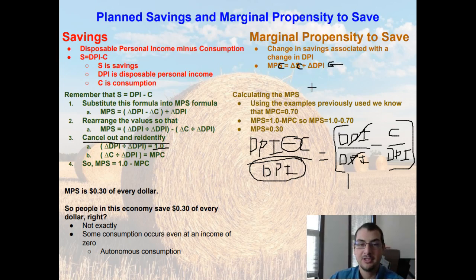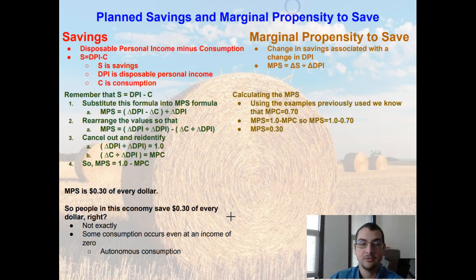Well, that's what this is right here. So what we do is we're going to re-identify that. And we're actually going to say that this equation is equal to marginal propensity to consume, so that this marginal propensity to save is actually equal to 1 minus the marginal propensity to consume.